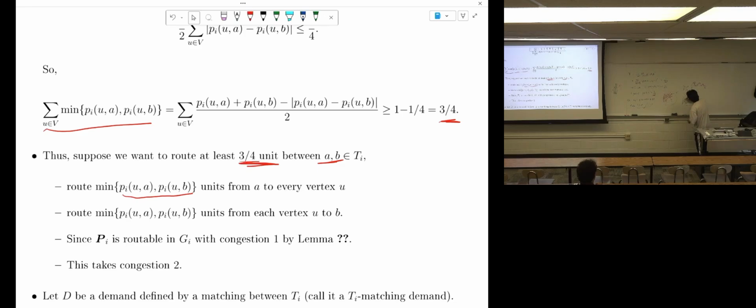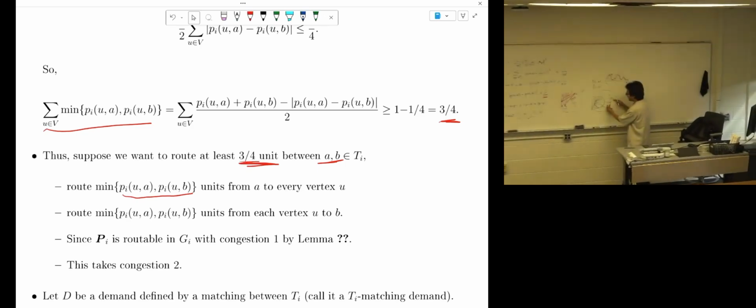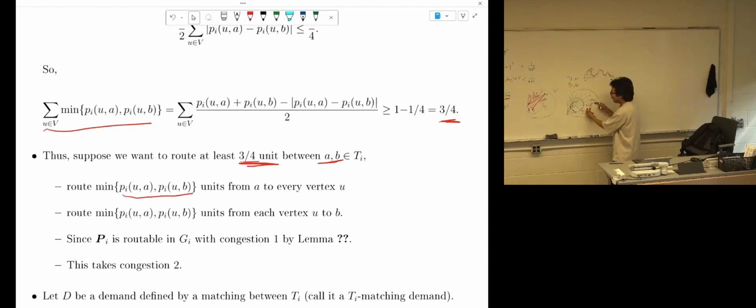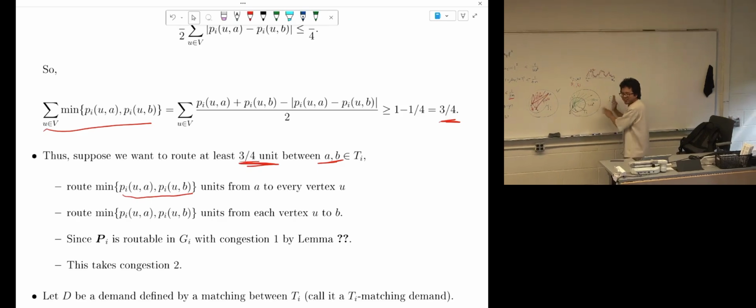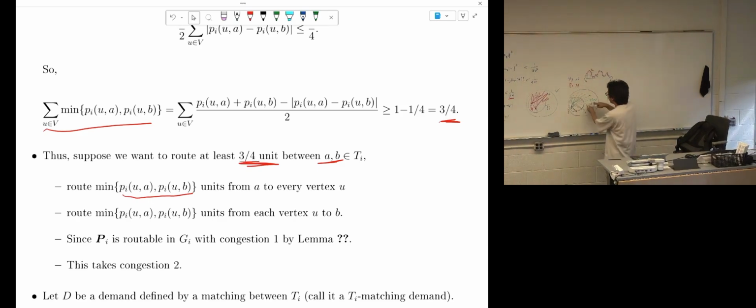If you want to simultaneously route from A1 and A2 to everyone, you can route simultaneously with congestion 1 here, because you know that you can route the whole matrix PI with congestion 1. Here I just do it for A1 and A2.